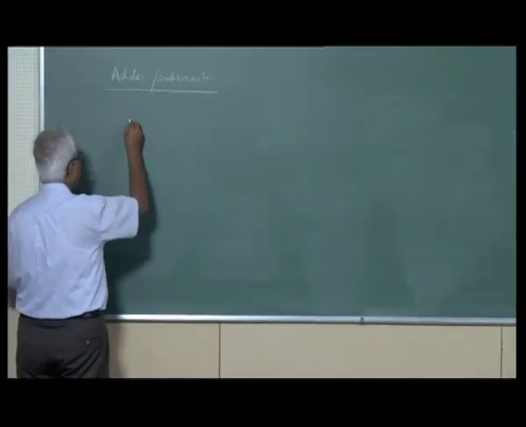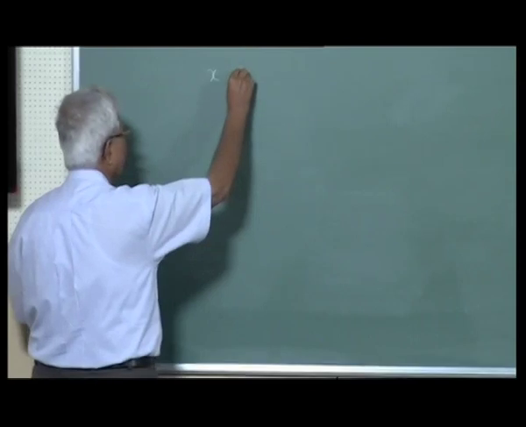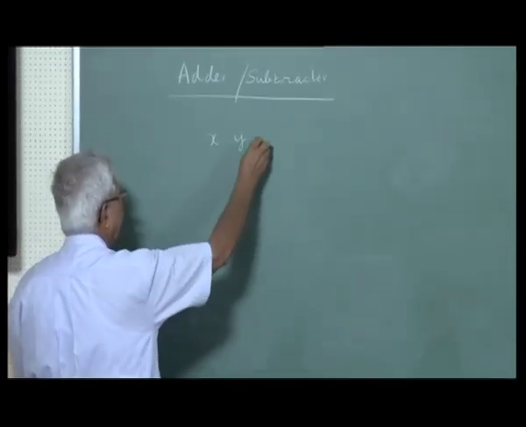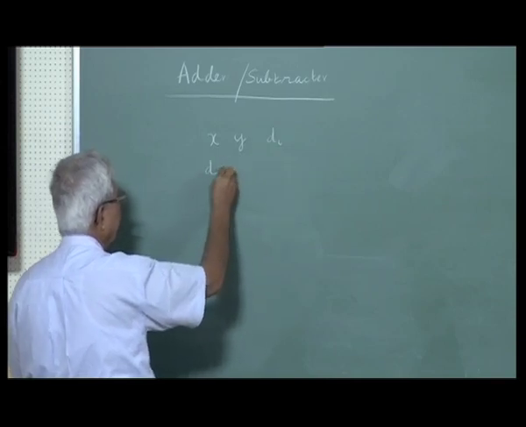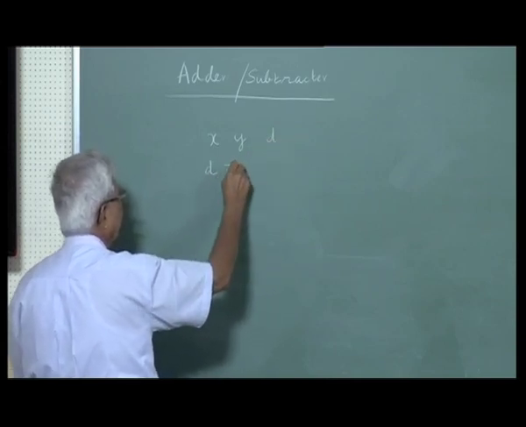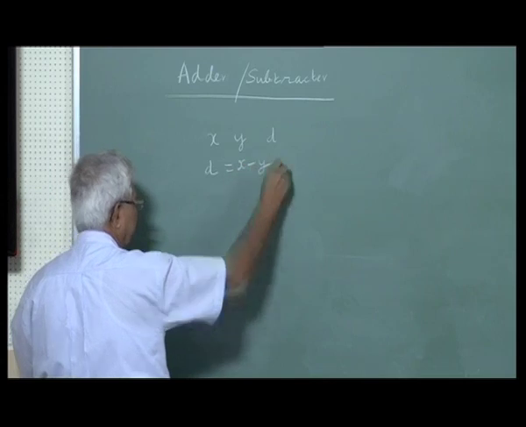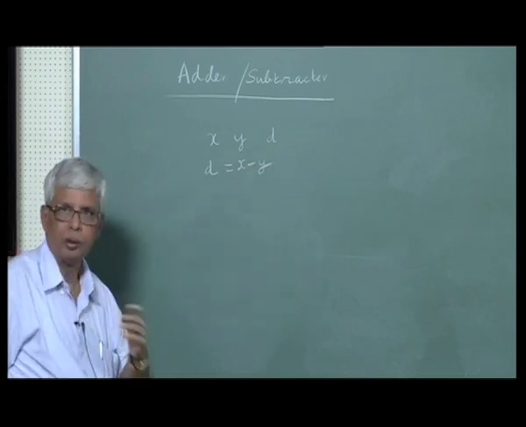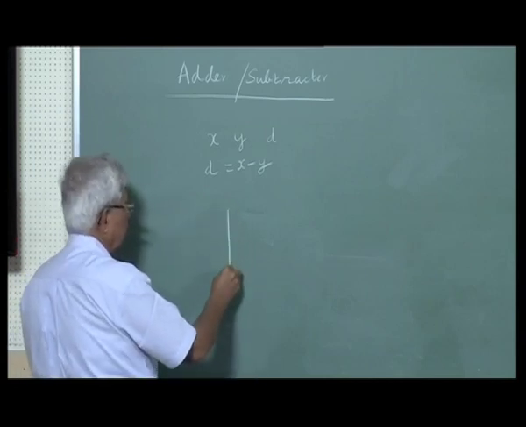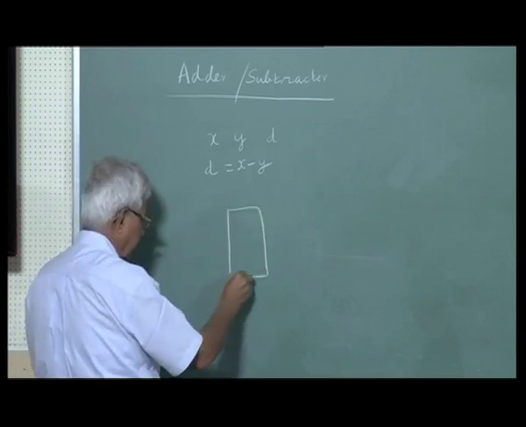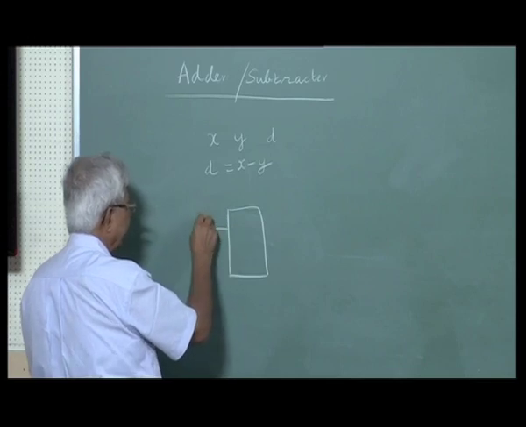Subtractor will have two inputs, x and y, and the difference between the two. D, the difference, is x minus y, we will assume that. Now, you have two inputs, x and y.